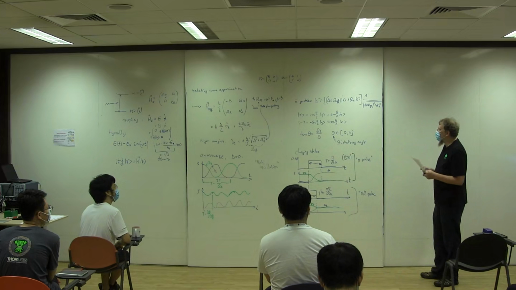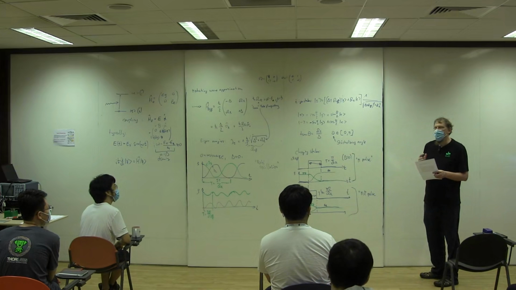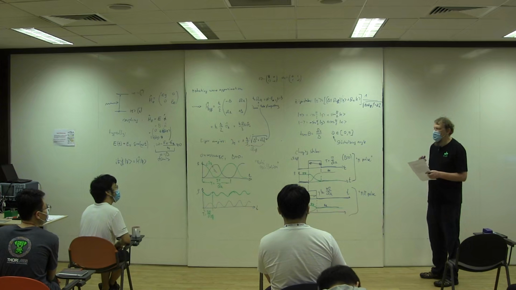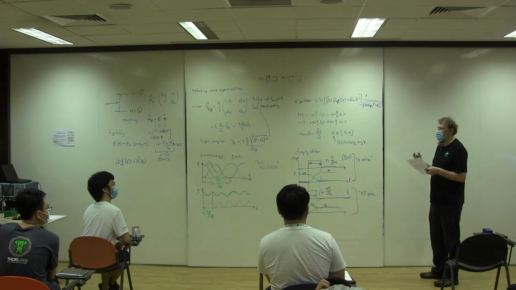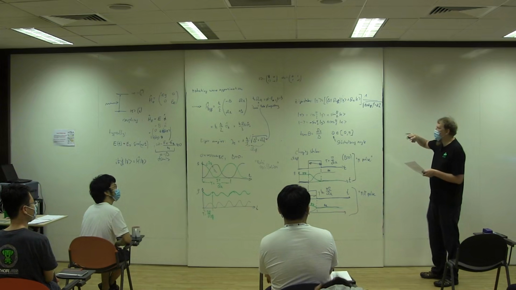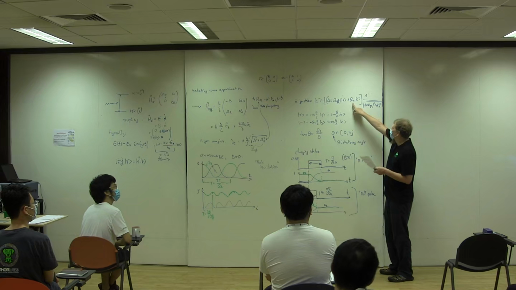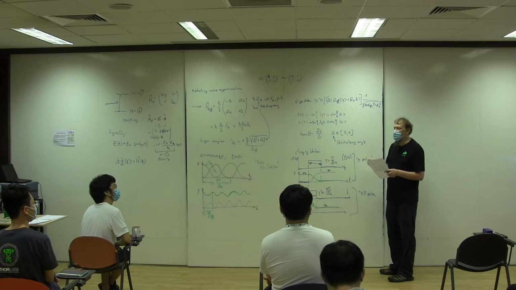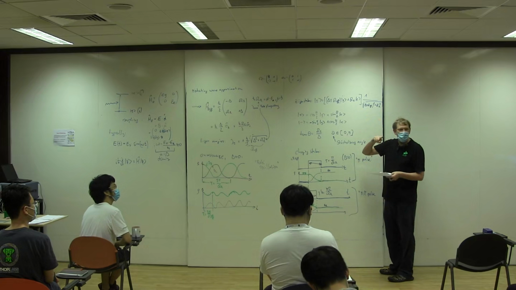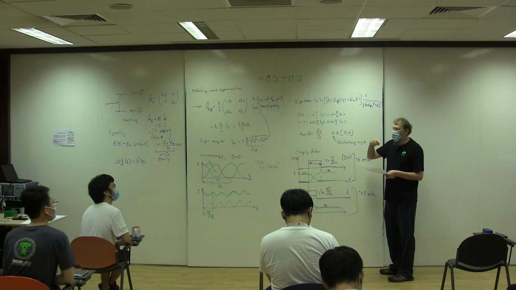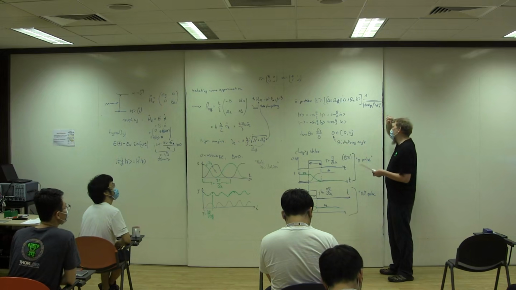Adiabatic transfer means that you always stay in an energy eigenstate. So you change something in the system, like the light intensity or the detuning as a function of time, but you do it slowly enough such that the system likes to stay in an energy eigenstate. There's something like the instantaneous energy eigenstate.